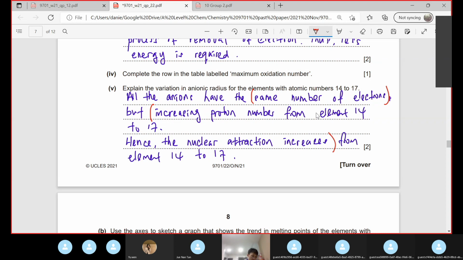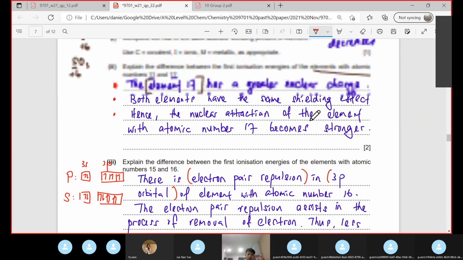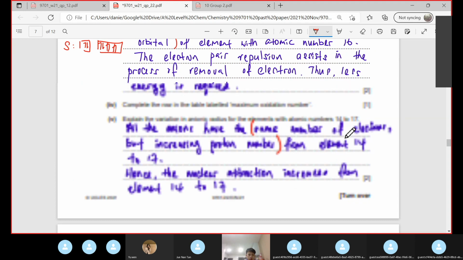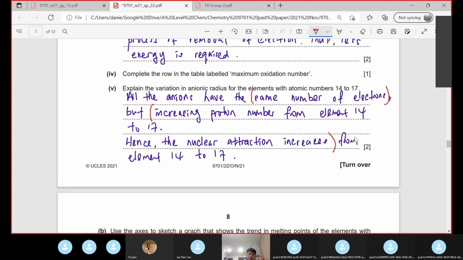So from here I emphasize again, in Roman 2 we can see same shielding effect is given marks. Over here in the same question, same number of electrons is also given marks. So in the exam, if you encounter this kind of question, please write it down, even though they are the same. Sometimes they give marks.